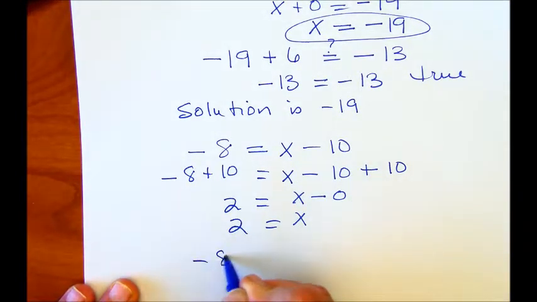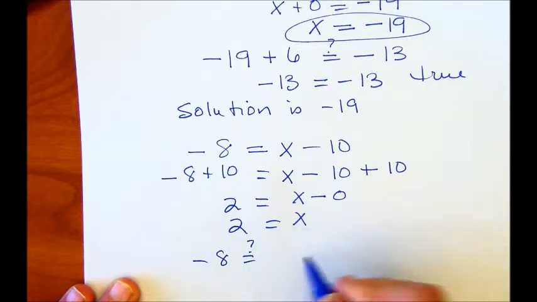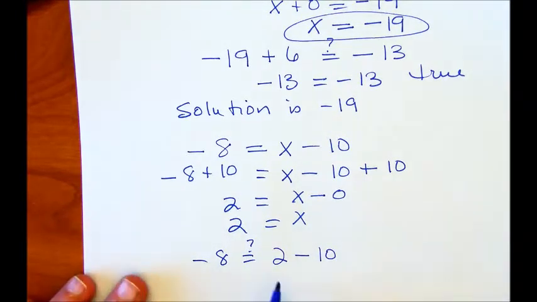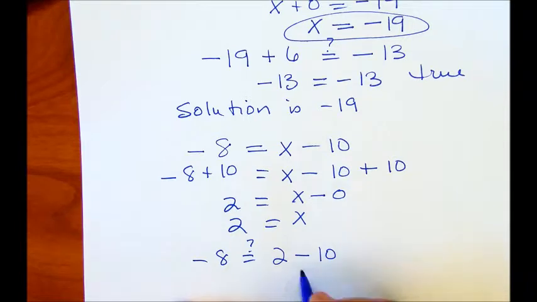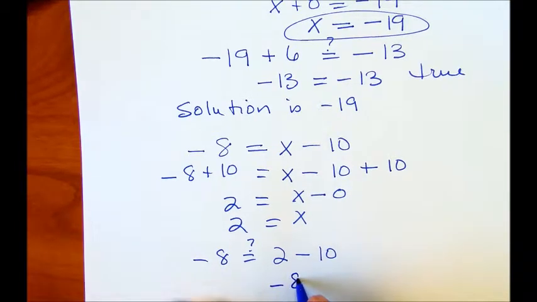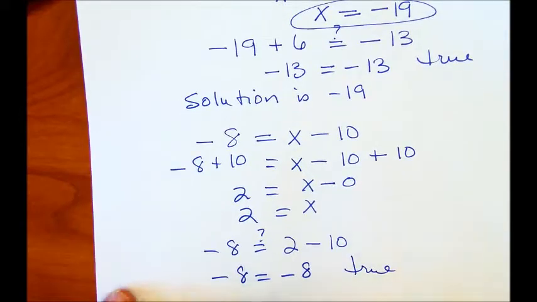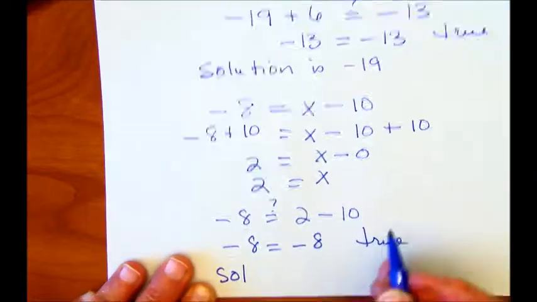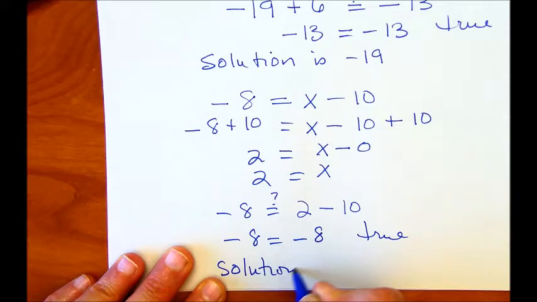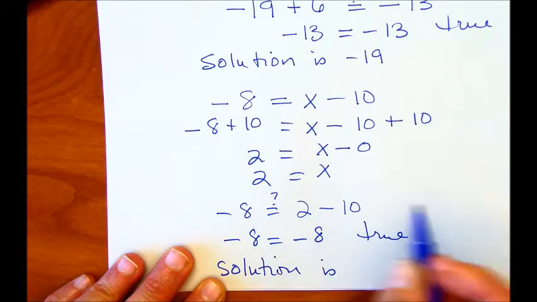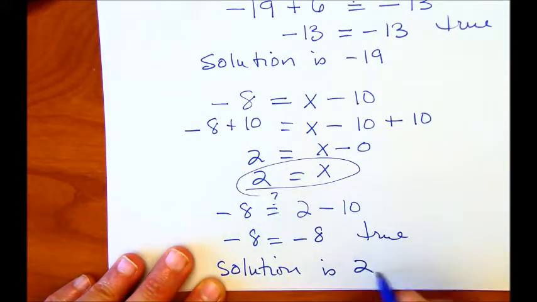So does negative 8 really equal 2 minus 10? Well, this is a positive 2 minus 10. We're going to subtract, and we're going to take the negative. So that is going to give us negative 8. That's a true statement. And so the solution is 2 for this equation.